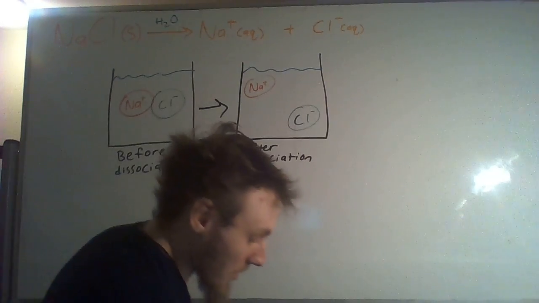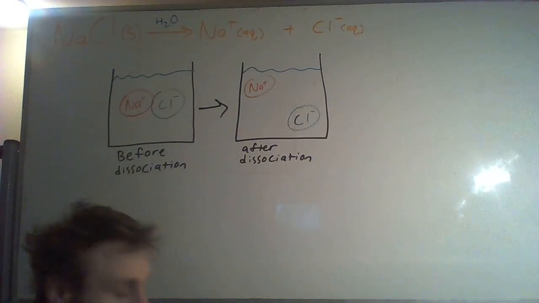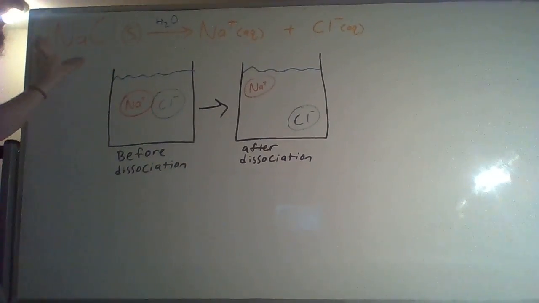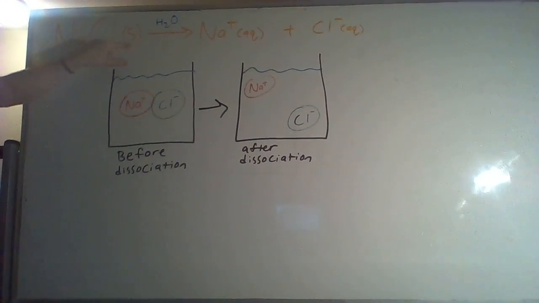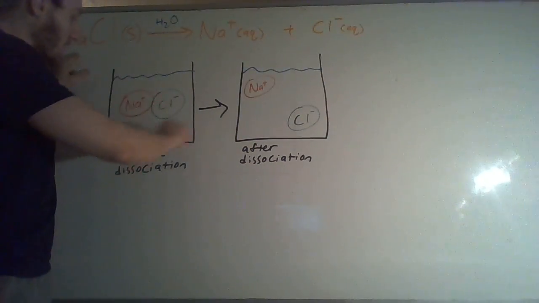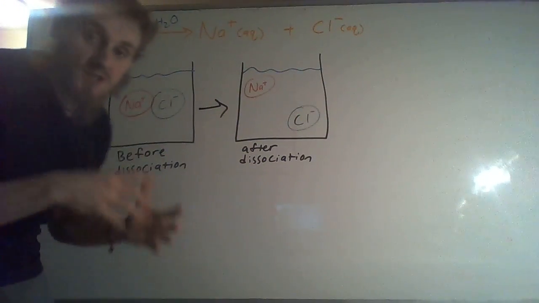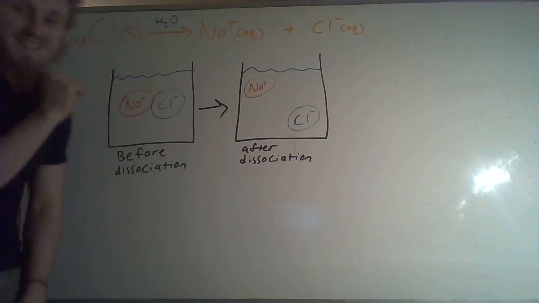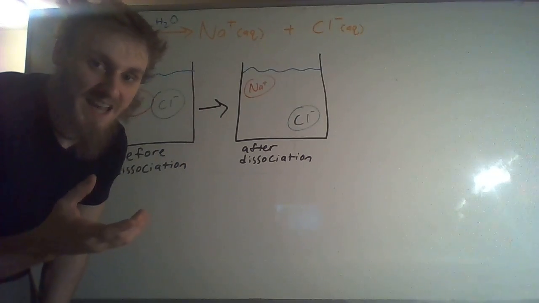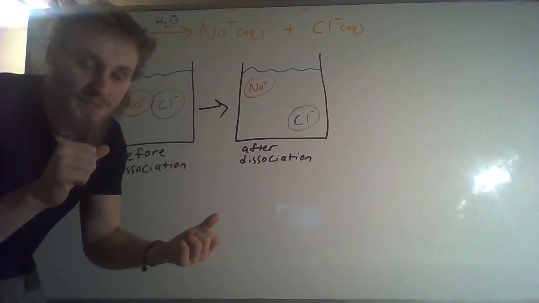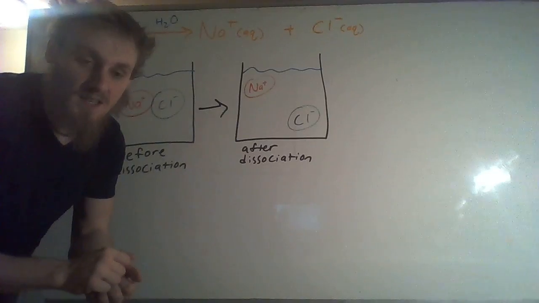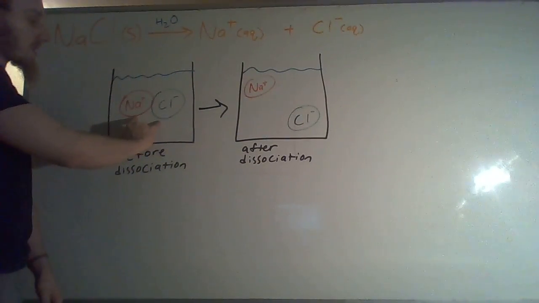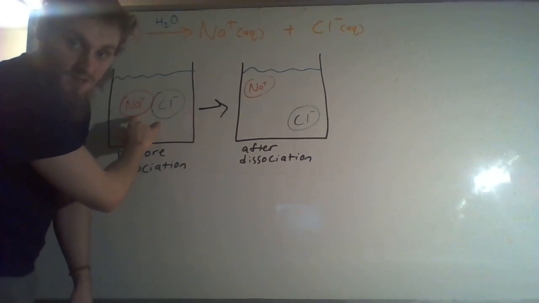All right? So just to summarize things up to this point, we had some solid sodium chloride, and we put that solid sodium chloride into a beaker of water. Now, before dissociation has occurred, this sodium chloride is essentially still in the solid phase. If we were to look at what's going on at the nanoscale, you'd see that these two ions are still in very close proximity to one another.